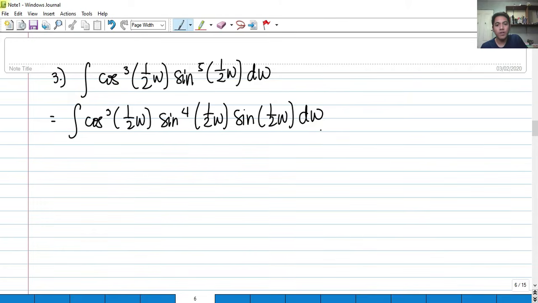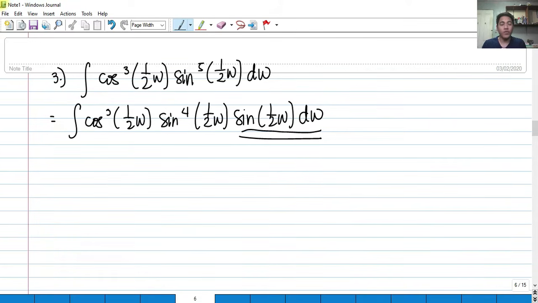I know that my answer would be actually in terms of cosine. Now, if you split a factor of cosine, and such that, for example, you split a factor of cosine here and this remains to be sine raised to 5, it's actually okay. You will be having cosine 1 half w dw here. And your answer would be in terms of sine.